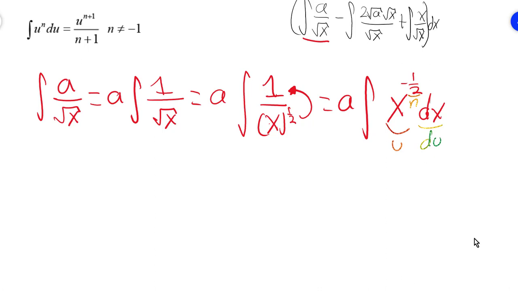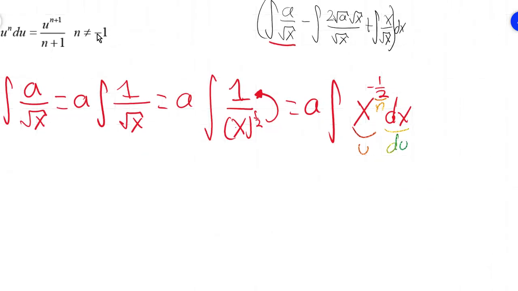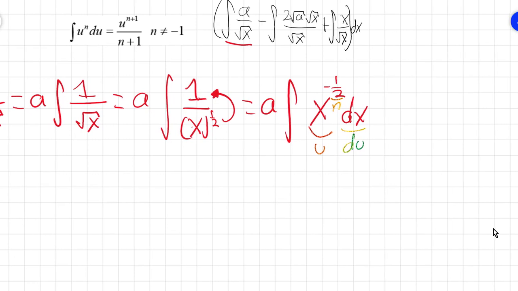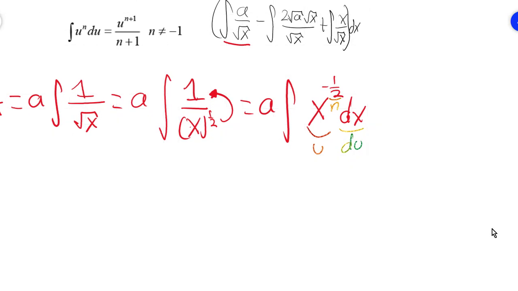So the rule says that this is going to be the same as having u, which is x, and don't forget the constant that we left outside the integral. So let's put a, multiplying x to the n plus 1. So it's going to be minus 1/2 plus 1. That is obviously 1/2. And we're going to divide it by the same 1/2.